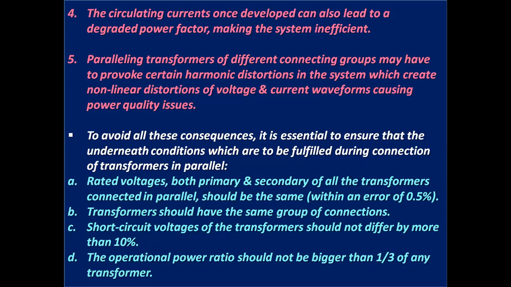B. Transformers should have the same group of connections. C. Short circuit voltages of the transformers should not differ by more than 10%. D. The operational power ratio should not be bigger than one-third of any of the transformers.